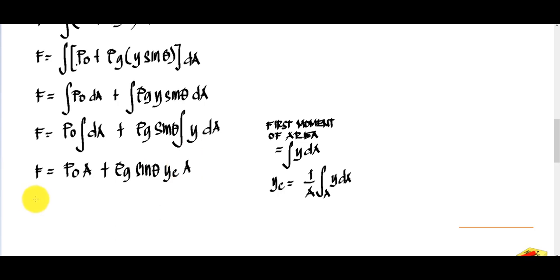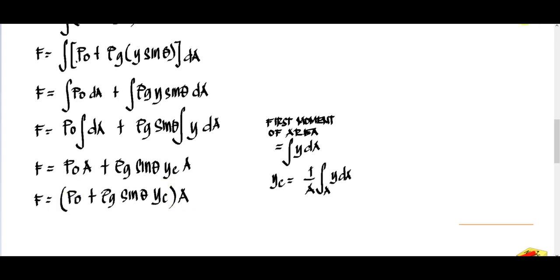So we have now your force is equal to the atmospheric pressure plus the density, gravity, then we have the sine of theta, then we have your yc, or the first moment of area, then multiplied by your area.